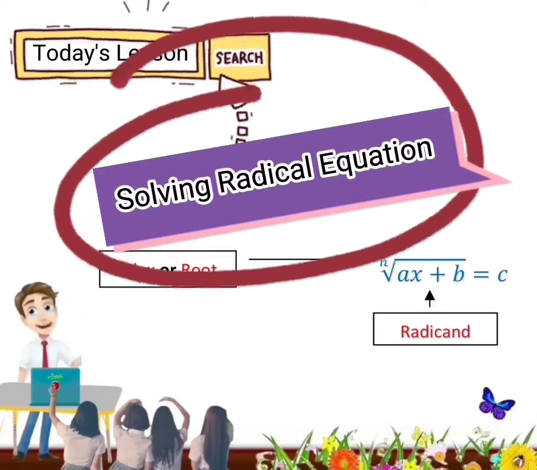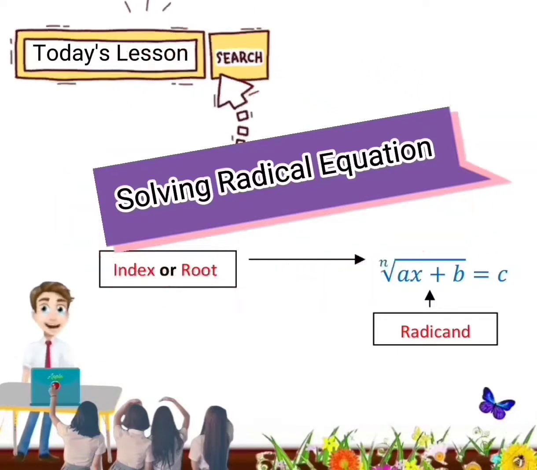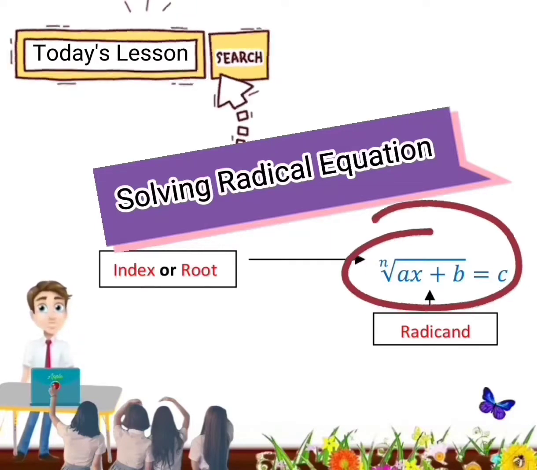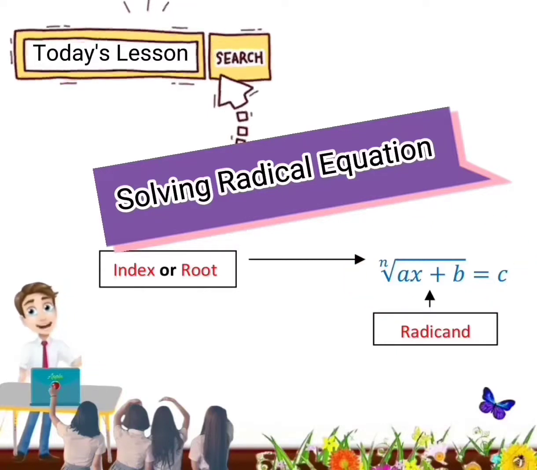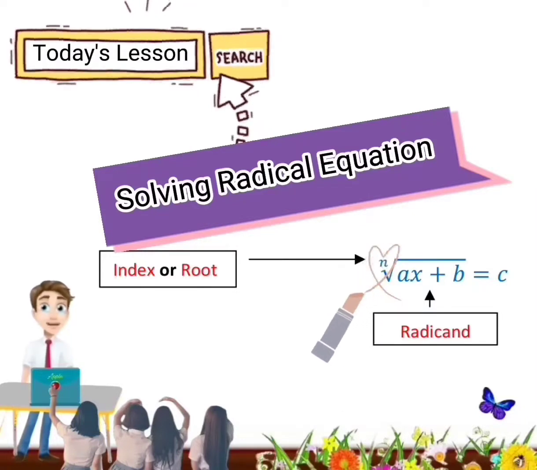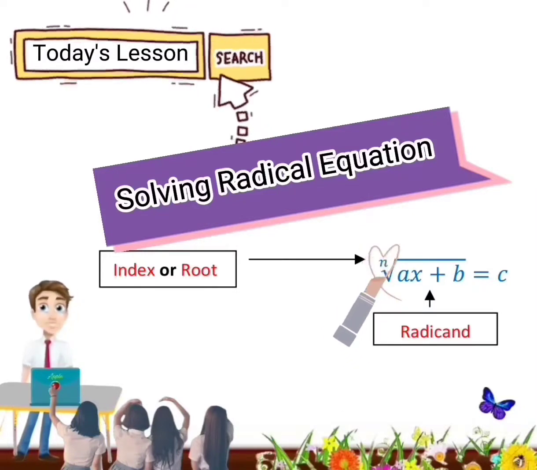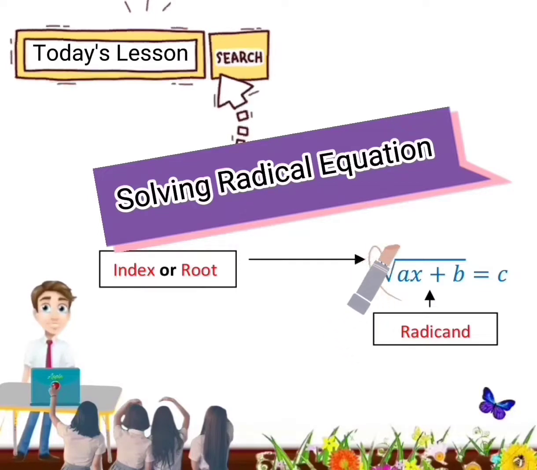An example of radical equation ay ito pong makikita nyo dito, that is the nth root of ax plus b is equal to c, wherein again the small letter n is the index of root and yung mga terms inside the radical is called the radicand.